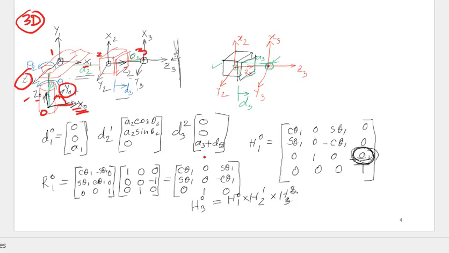It's clear. Another thing is the link length, which is y2. Y2 is actually the link length from coordinate system one to coordinate system two, and the same goes for the prismatic joint. Another important thing we have to remember is which axis will be displaced in a prismatic joint, and that will be the z-axis.